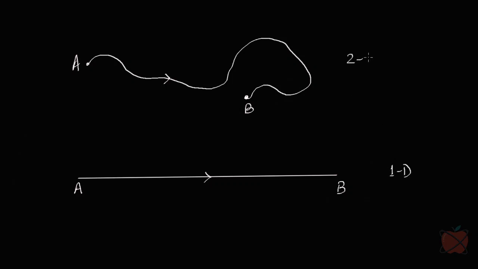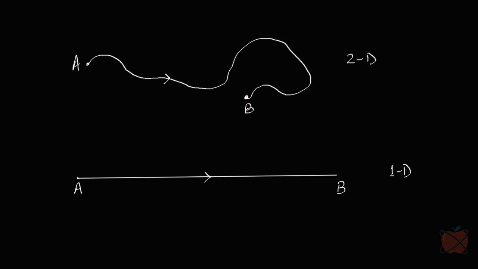Here it is a two-dimensional motion. In one dimension it is just the length of the line AB. That will give us the distance traveled by the body, or the path length of the body.